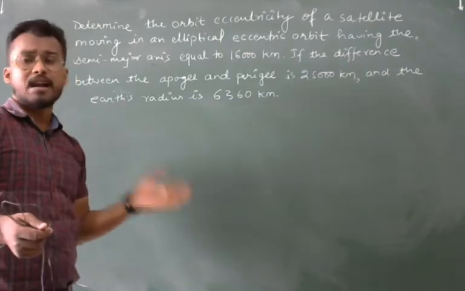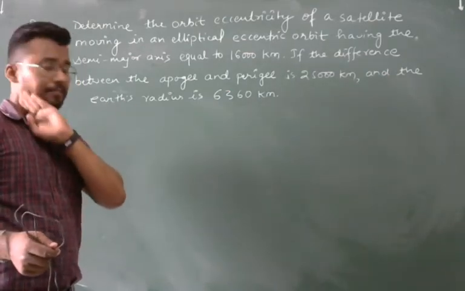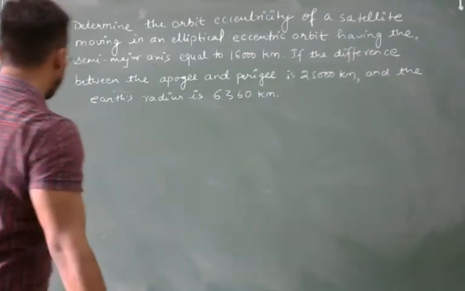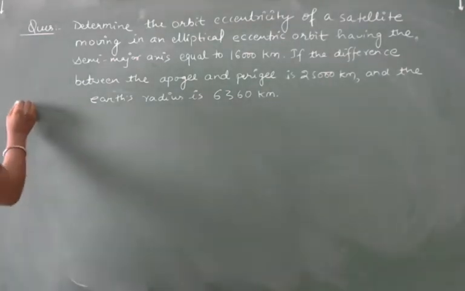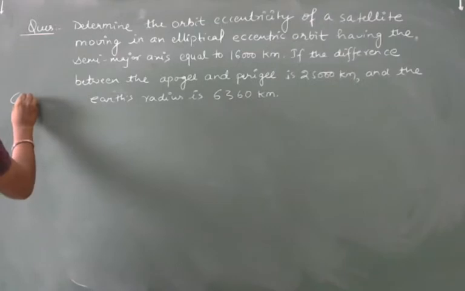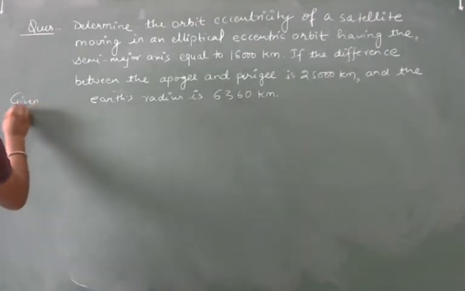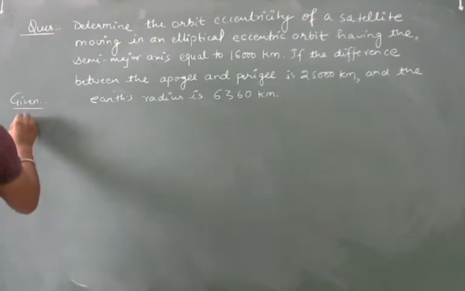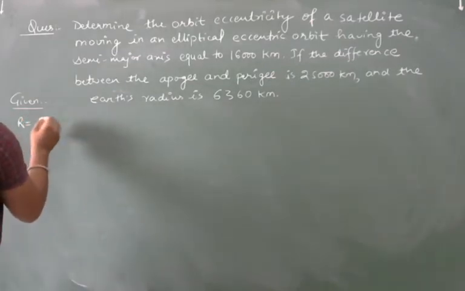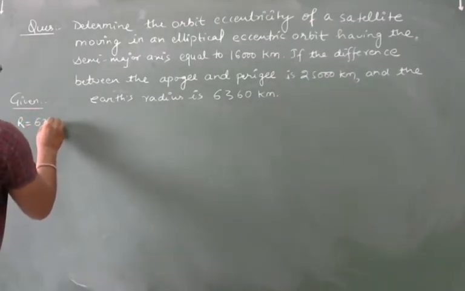So let us start our process with the given data first. What is being given to you? Let me write here the given things. Radius is given as 6360 kilometer.